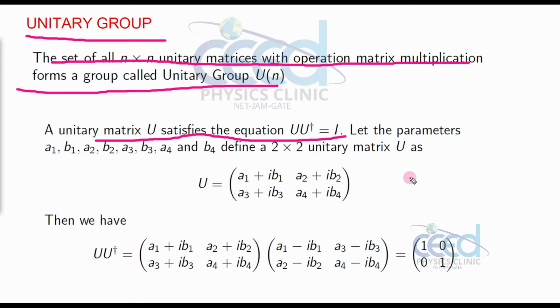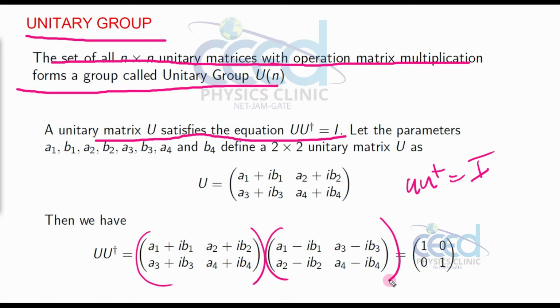Now, for a unitary group, each element should satisfy U U dagger is equal to I. What is U dagger? U dagger means transpose conjugate.